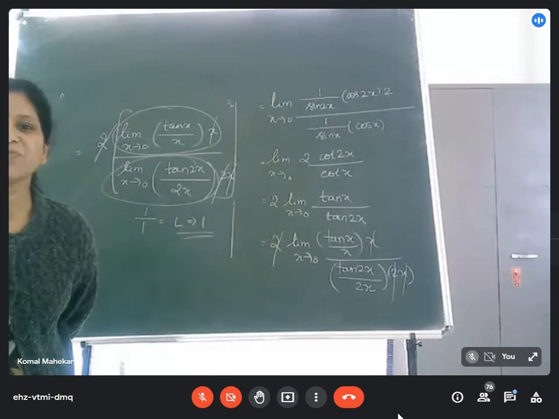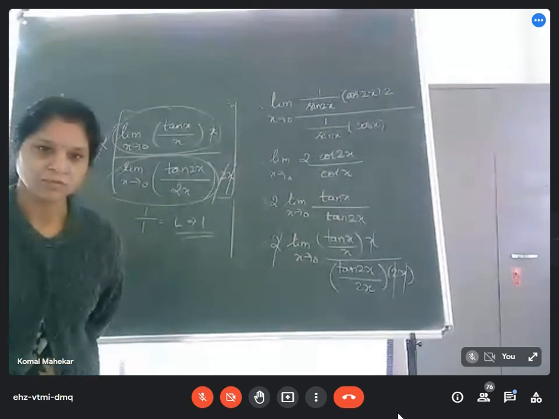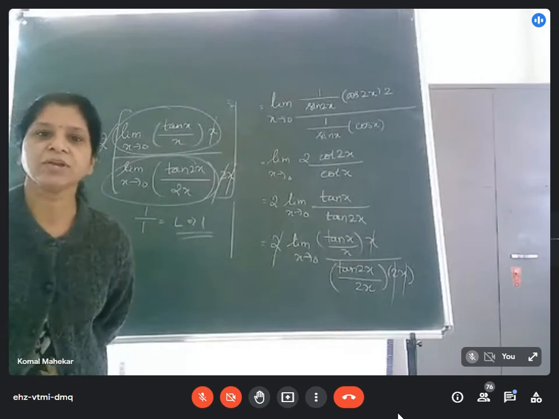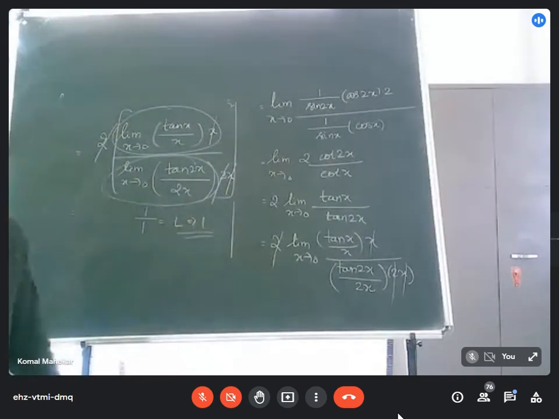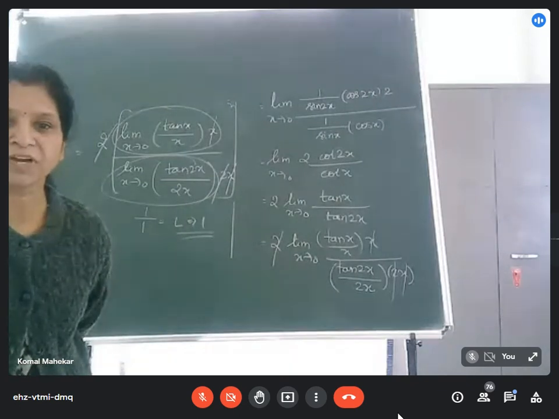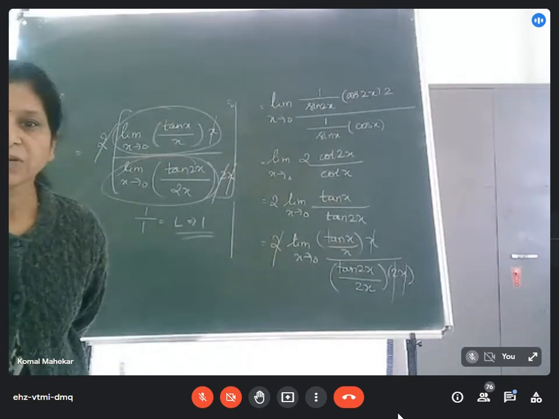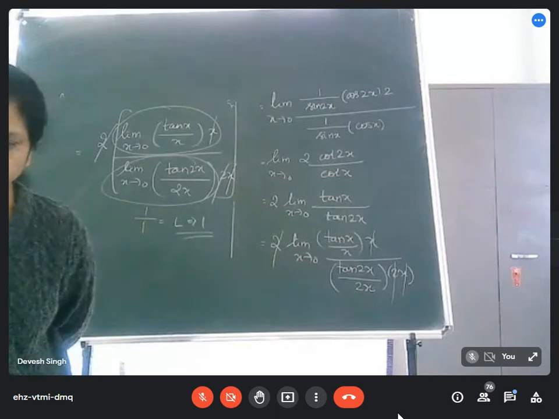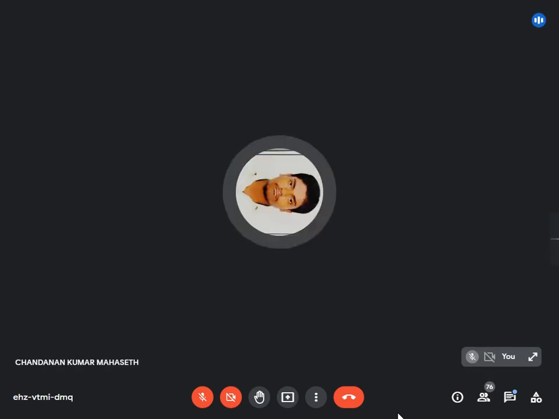Now the next form is 0 into infinity form. Is it clear? The first two forms, 0 by 0 and infinity by infinity form.